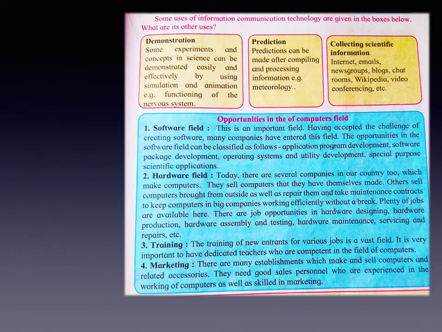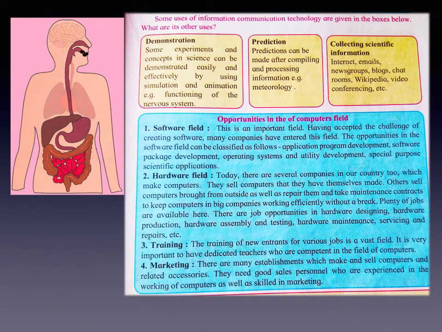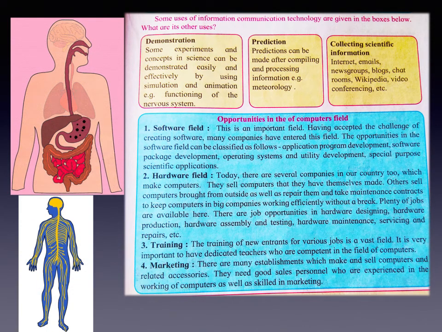For example, the functioning of the digestive system you can show with the help of animation. You can also show the nervous system, as you can see in this manner. You can show various demonstrations through this animation and simulation.